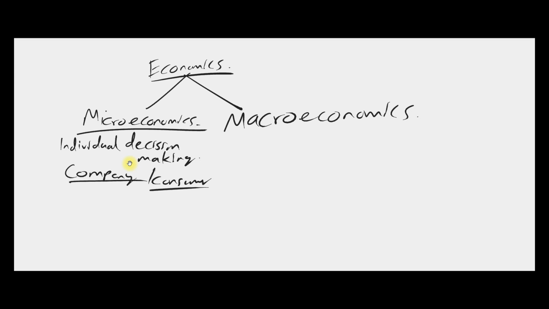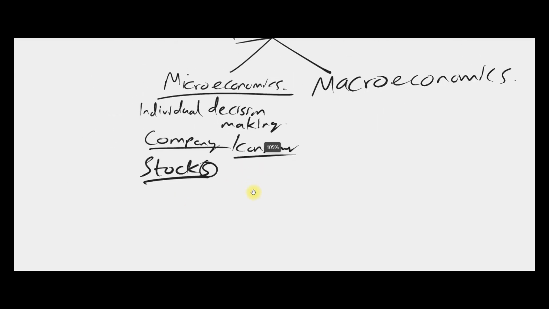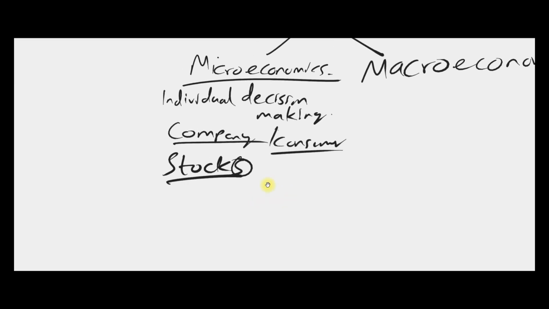In forex, this microeconomics is basically analysis of stocks, but stocks as an individual, when you're analyzing the stock as one company. Let's zoom in. When you're analyzing stocks like one company, this is where the microeconomic stuff comes in. This is where we talk about PE ratios, cash flows.